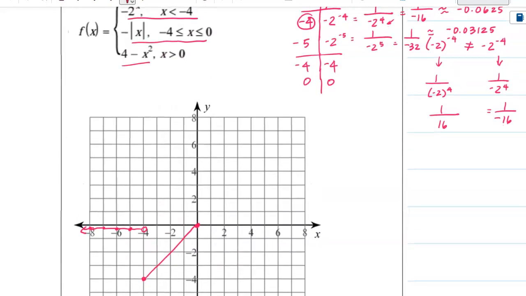And then we have a quadratic here. And I need to figure out what happens at 0. I know that that is going to be a hole. It's going to be a 4, 0, and a +4. Okay. And then it's like a quadratic.